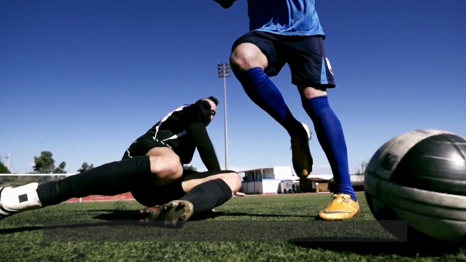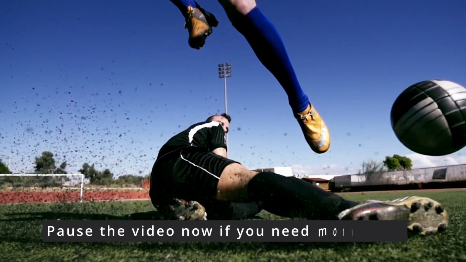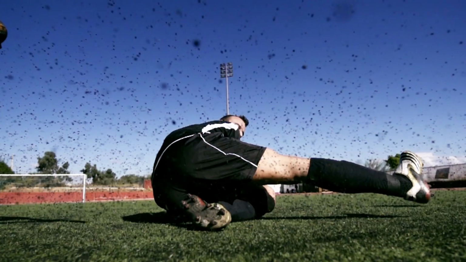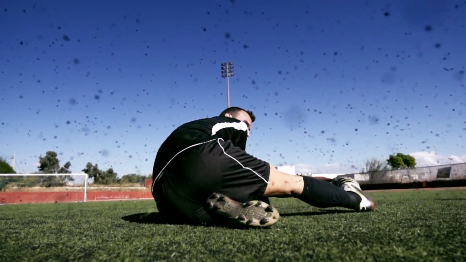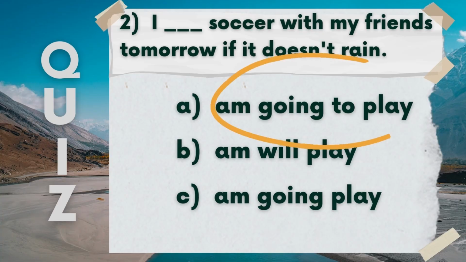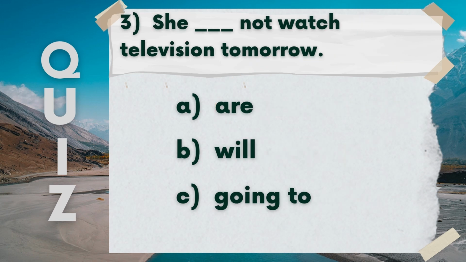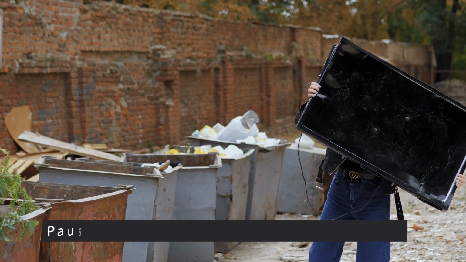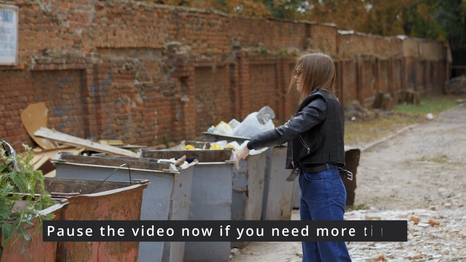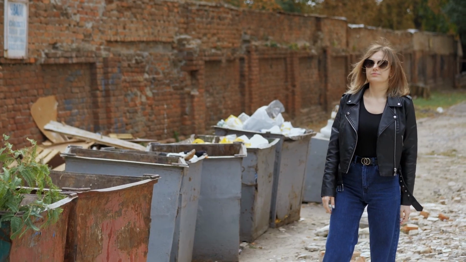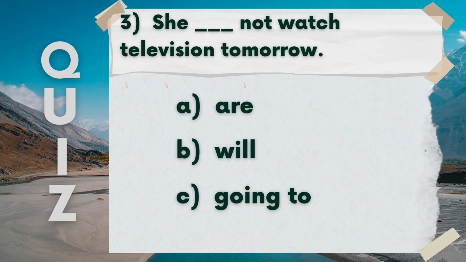B, am will play. C, am going play. If you said A, am going to play, you are correct. Question 3. She, blank, not watch television tomorrow. A, are. B, will. C, going to. If you said B, will, you are correct.